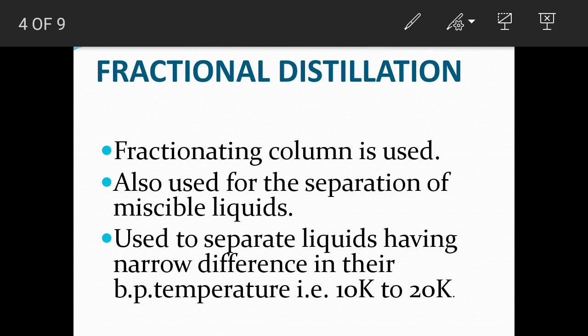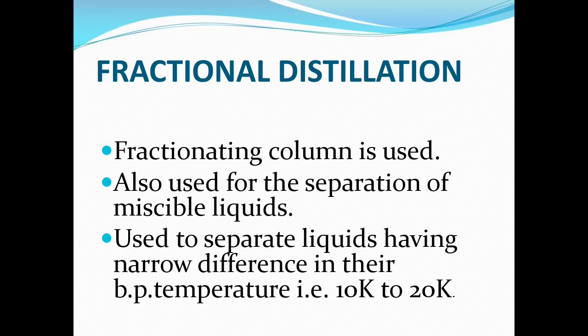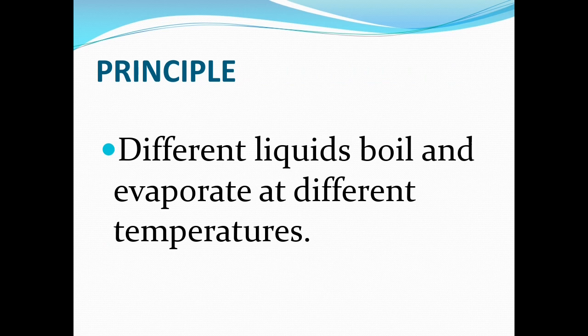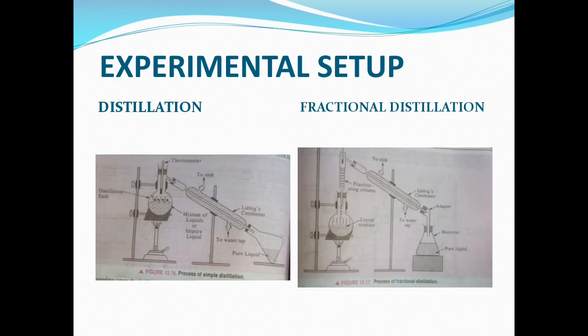But when the boiling point difference is less than 25 Kelvin, then we go for fractional distillation. The principle on which distillation works is that different liquids boil and evaporate at different temperatures.